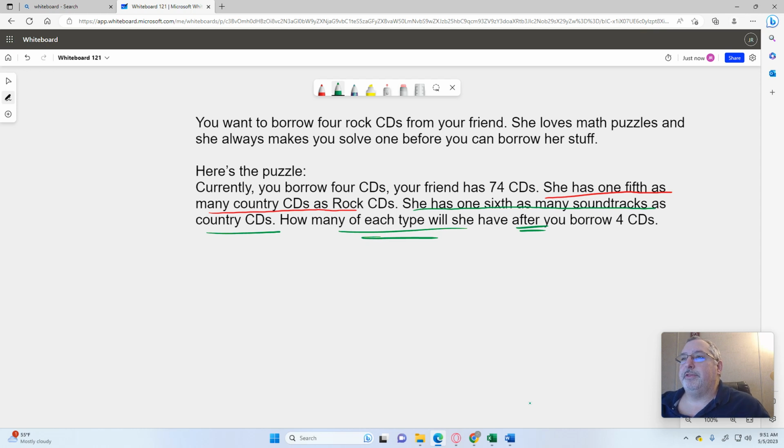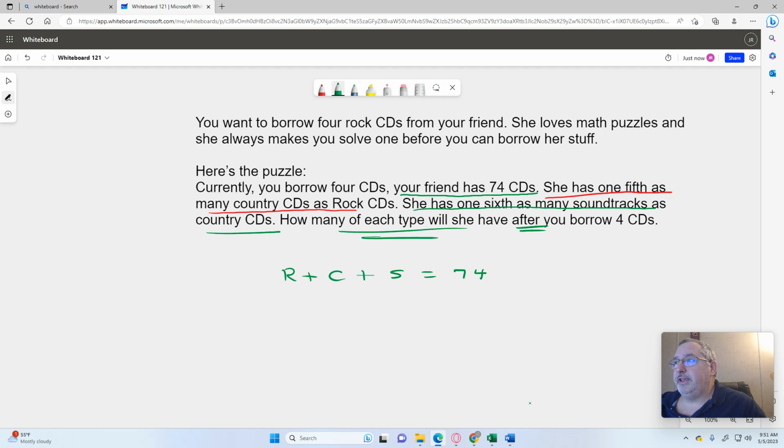So let's start off with the first thing. It says your friend has 74 CDs. So that's the first equation. There are 3 types: she has rock, country, and soundtracks. So rock plus country plus soundtracks will equal 74, because she has 74 CDs. And let's look at this red line.